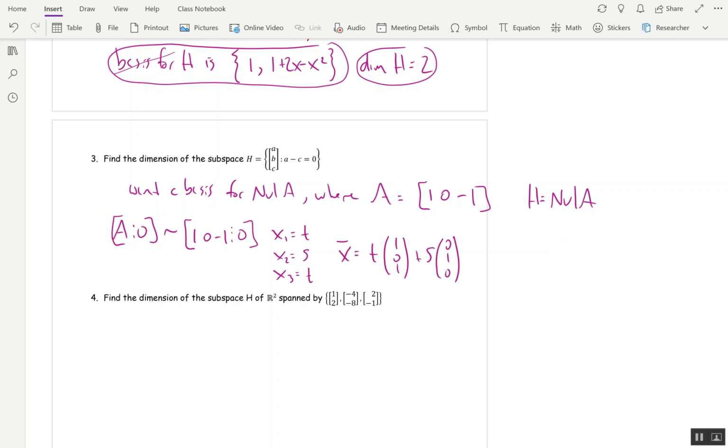So a basis for null A is those two vectors, 1, 0, 1 and 0, 1, 0. And the dimension of H is 2, because there's two vectors in that basis.